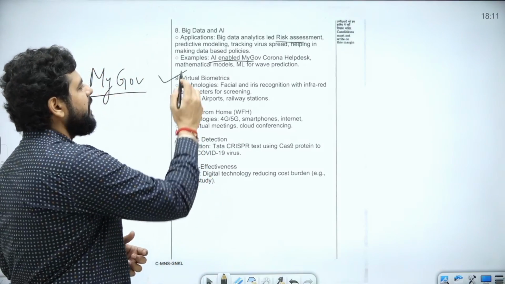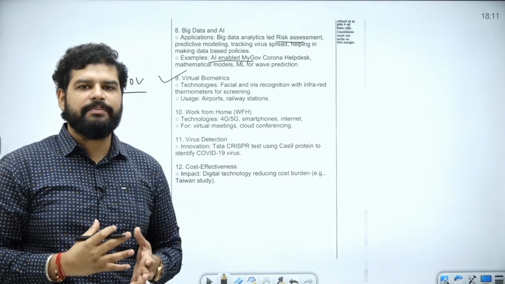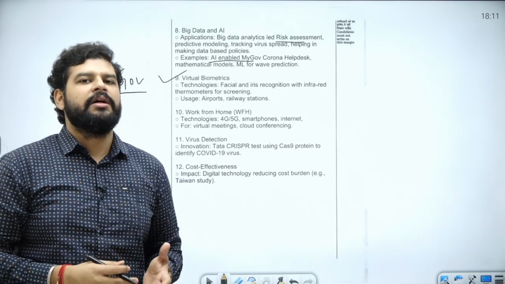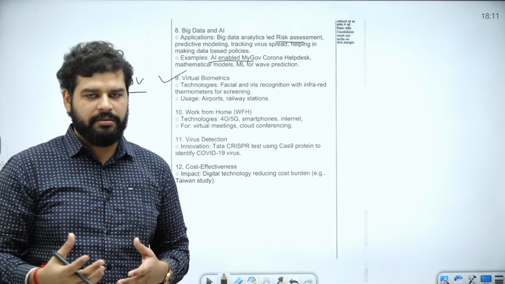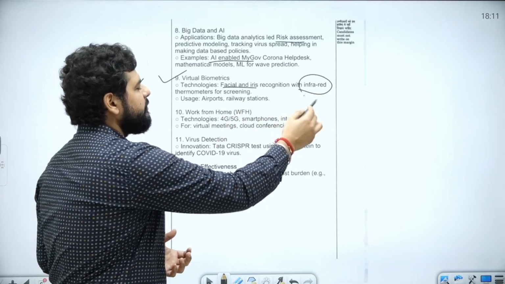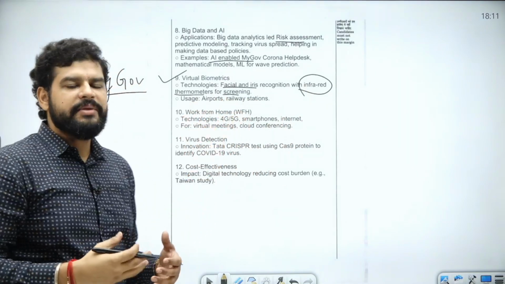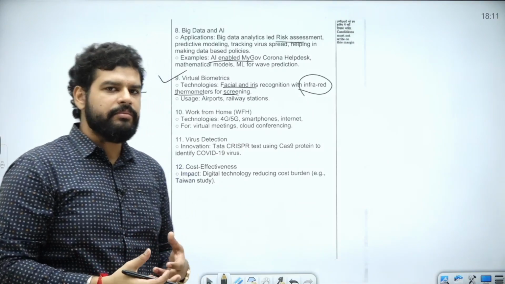Next is virtual biometrics. This is a very interesting thing because sensors were placed at airports and railways to track people's temperature. So, facial and iris recognition with infrared. Thermometers for screening: infrared measures the heat radiating from a body.